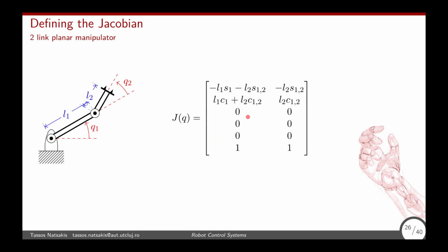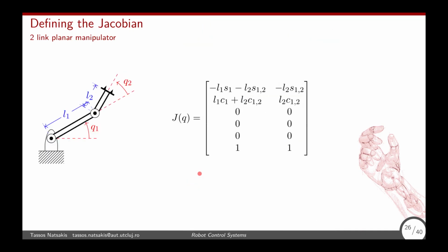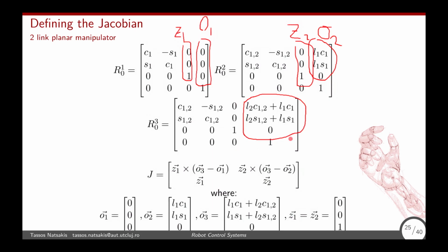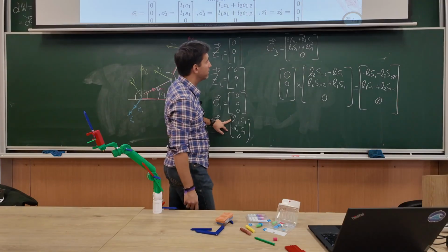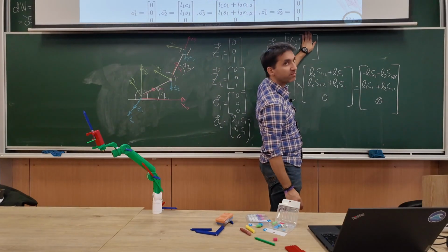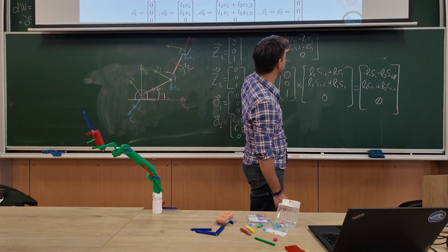What do I have here? Here I have Z1, which is 0, 0, 1, all right. Here I will have Z2, which is again 0, 0, 1, with O3 minus O2, O3 being this minus this. I will get rid of these parts basically. So it is just L2 C12, L2 S12.